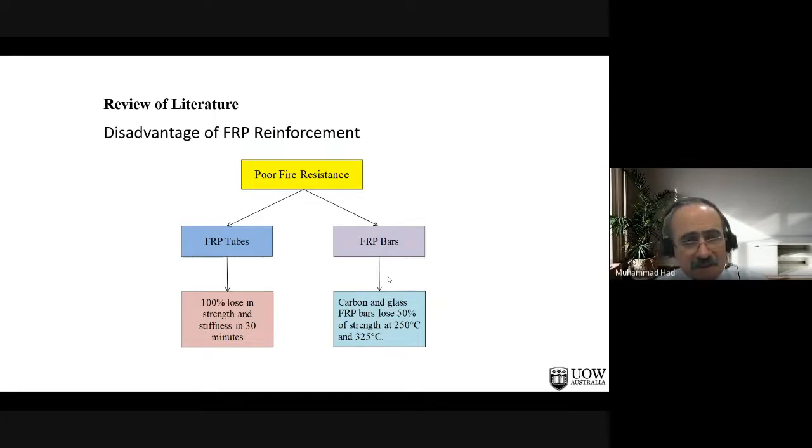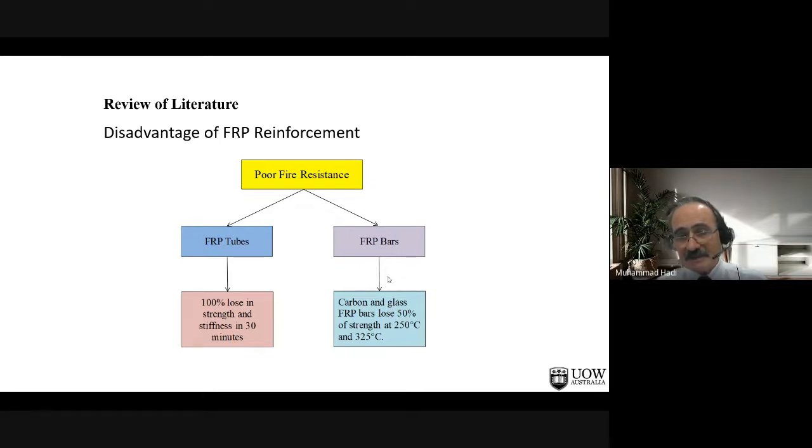Now, when Qasim started this work, we said, okay, FRP tubes. Being a civil structural engineer, there is something called fire, and fire is a problem.